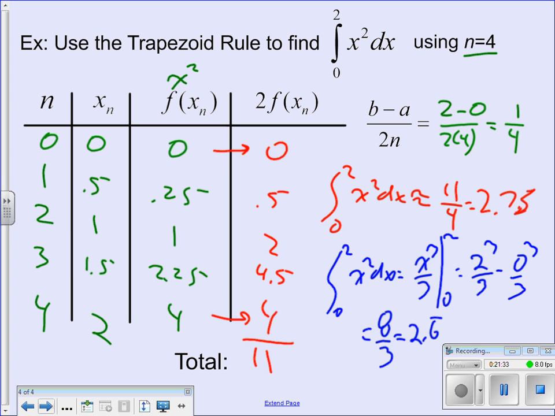There's actually a formula in your book, and I've used it before, to estimate what your error will be, how accurate you're going to be, and it doesn't take much more of an iteration to get extremely accurate. If I double n, I'm going to be almost dead on.